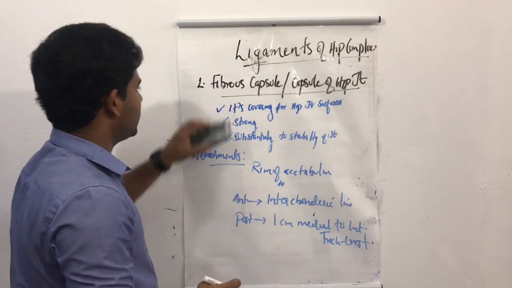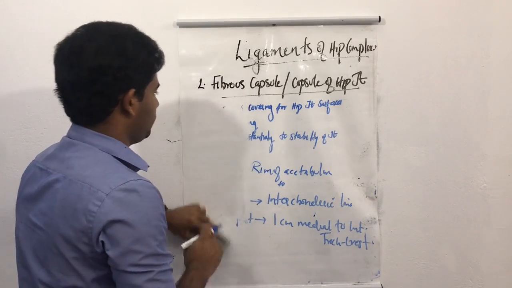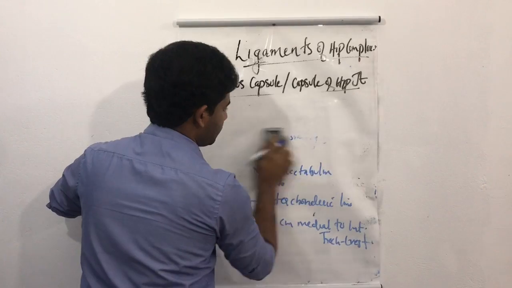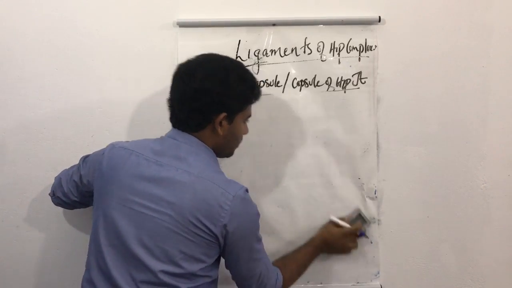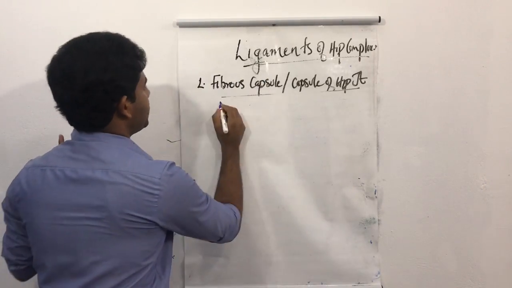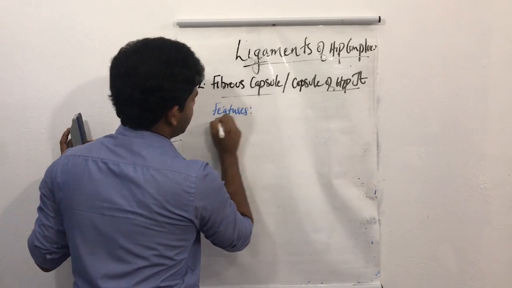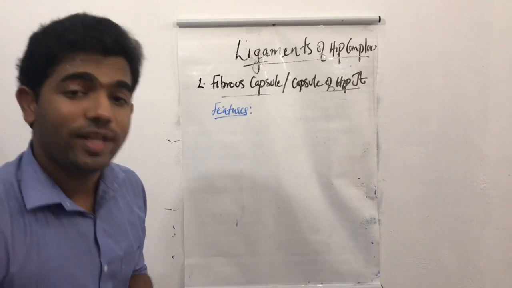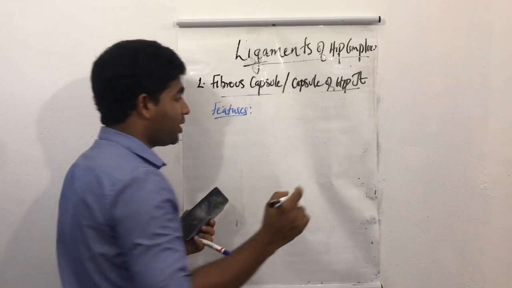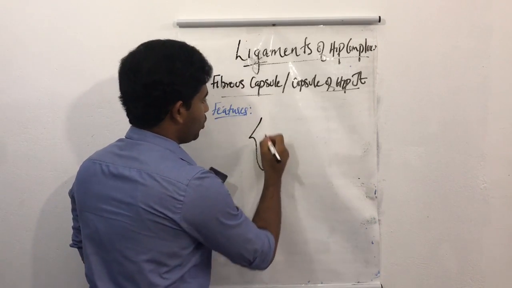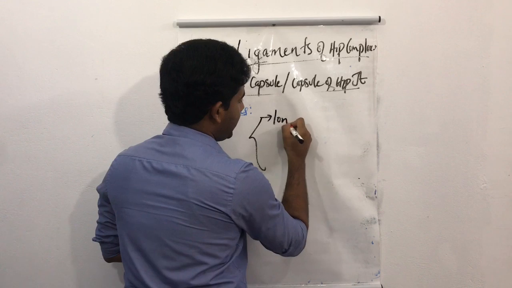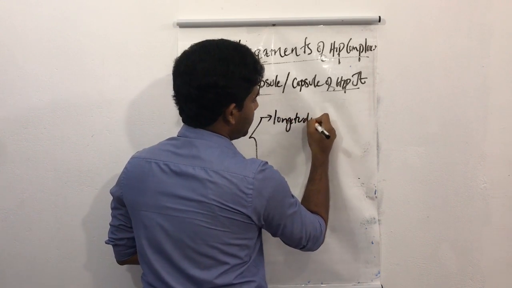Now, what are the features of the hip joint capsule? If you evaluate the hip joint capsule, you can see 3 peculiar structures. One is longitudinal fibers.